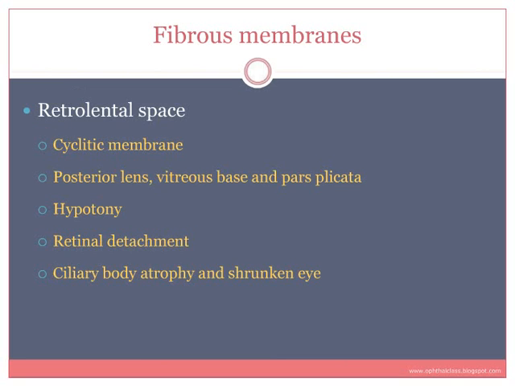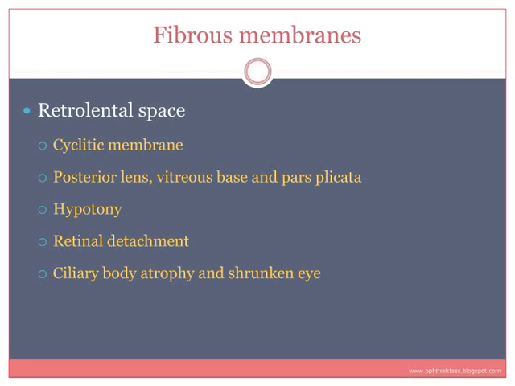Fibrous membranes can occur due to extensive exudation of the ciliary body in the retrolental area, just behind the lens. Such a membrane is called a cyclitic membrane. It's an exudative membrane which is organized behind the lens at the vitreous base and the pars plicata of the ciliary body.